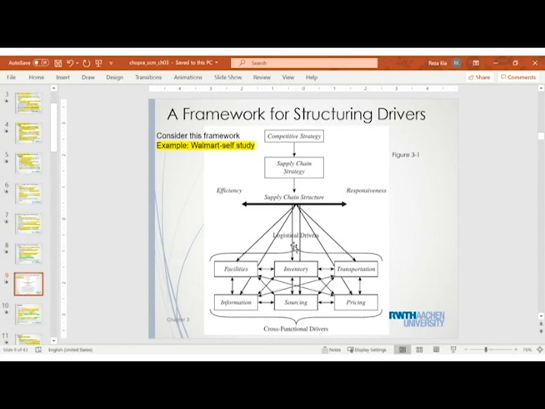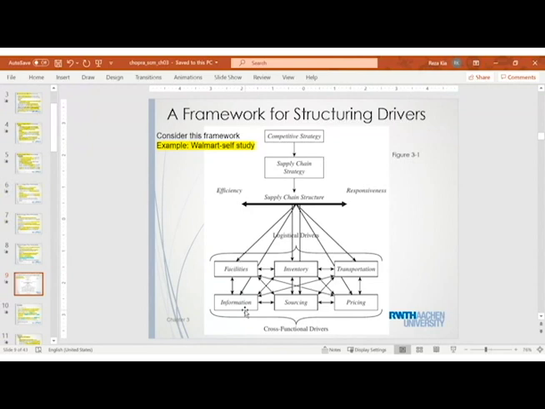The logistical drivers are related to producing items and storing items, and it's all related to the product: facility, inventory, and transportation. But the cross-functional drivers, as you can see, are related to making connections between functions of your supply chain.